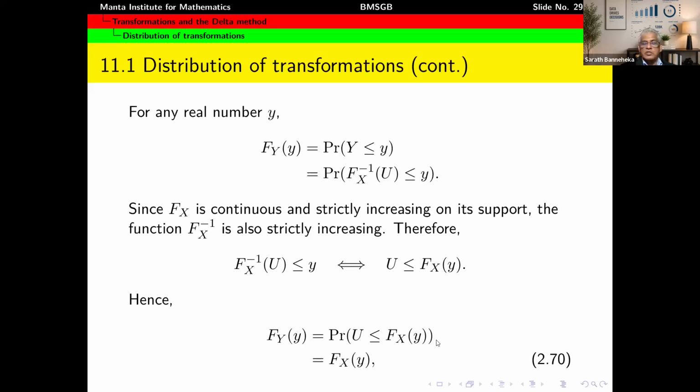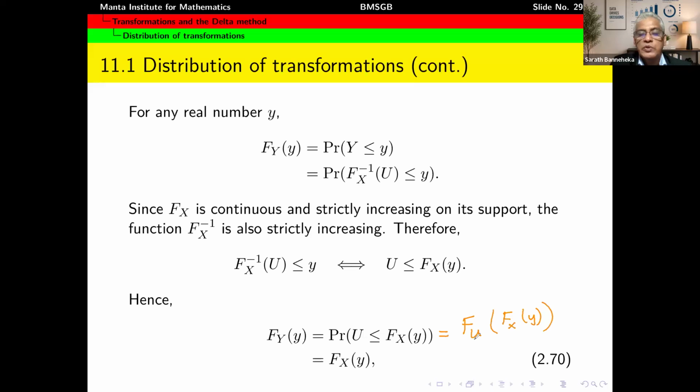So I can write one more line to make it clear. This is actually F of U evaluated at Fx of y, right?